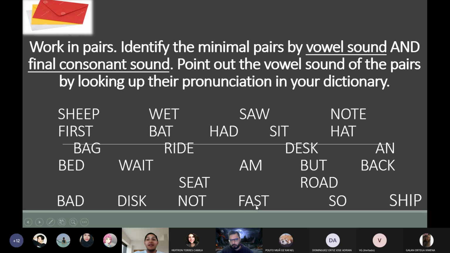Another example, please. One more example. That, but. Okay, this one, that, but, right?